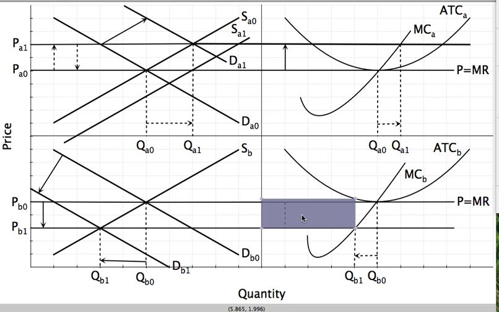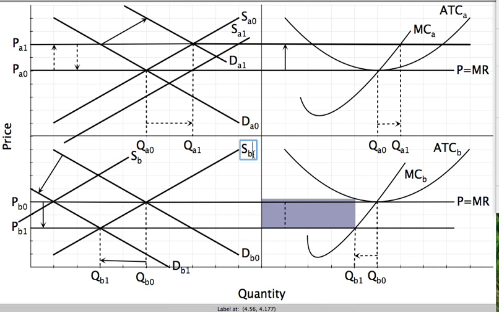Same thing happens over here for the firms that are producing good B. They were losing money, so what's going to happen? We're going to see exit in the marketplace. So the supply curve is going to shift to the left. And it's going to keep shifting to the left until we get to that original equilibrium price and quantity.